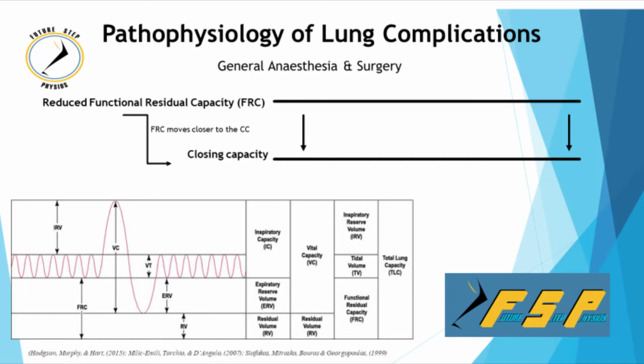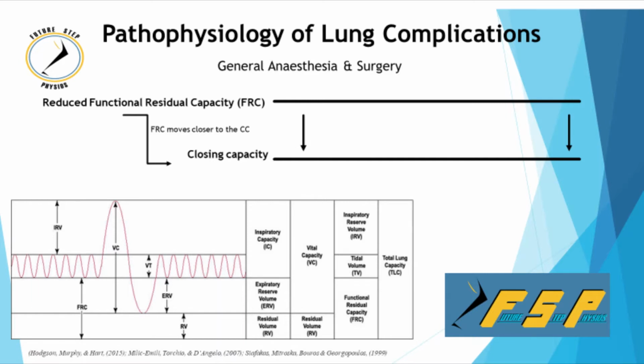So, what is functional residual capacity, or FRC? Well, it's the amount of air remaining in the lungs after a normal passive exhalation. FRC has been shown to decrease following surgery as a result of being in a supine position combined with receiving anesthesia. The longer the surgery, the greater the effects. So, why is FRC important?